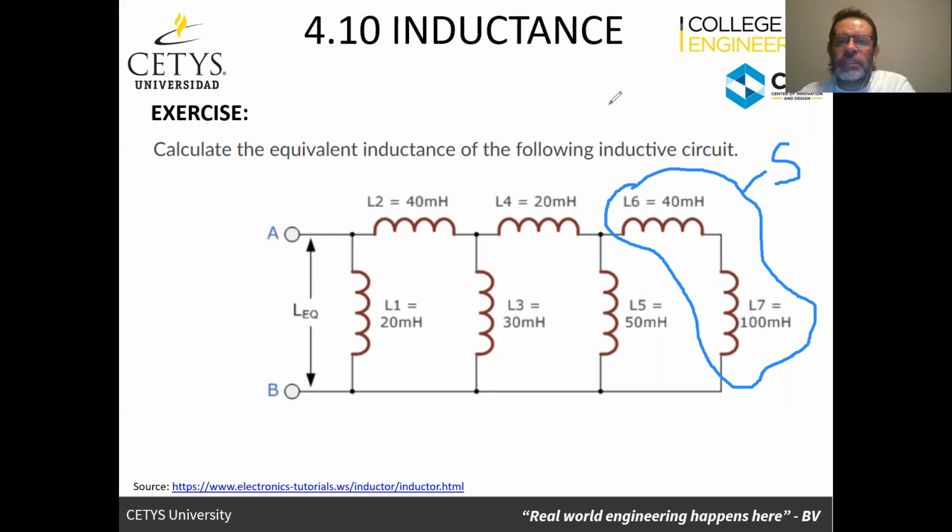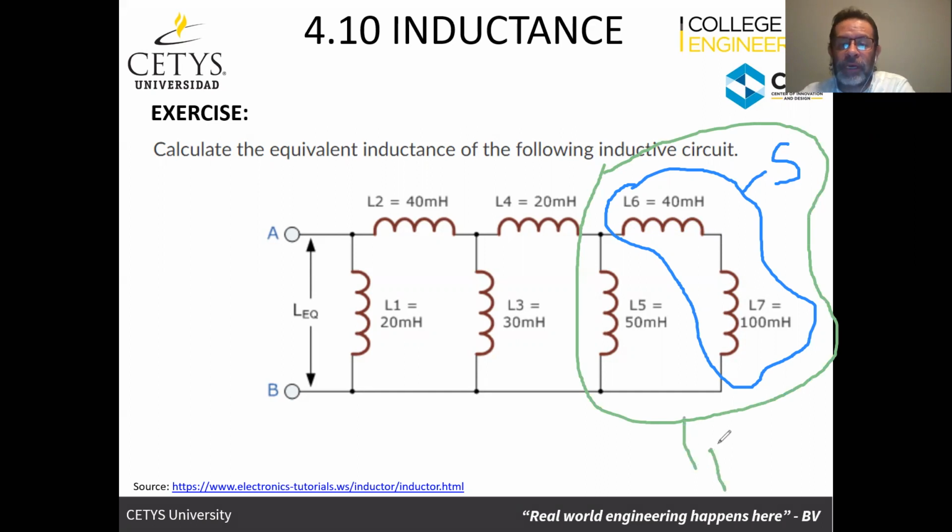Once I have those 2 in series, how are they connected with regards to L5? They're connected in parallel. This array of these 2 is connected in parallel with L5. How would that be connected with L4?